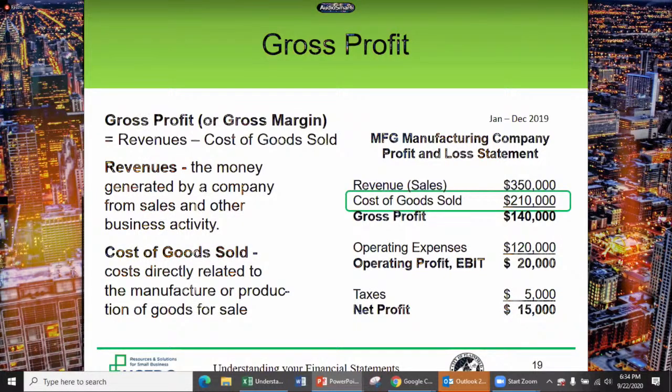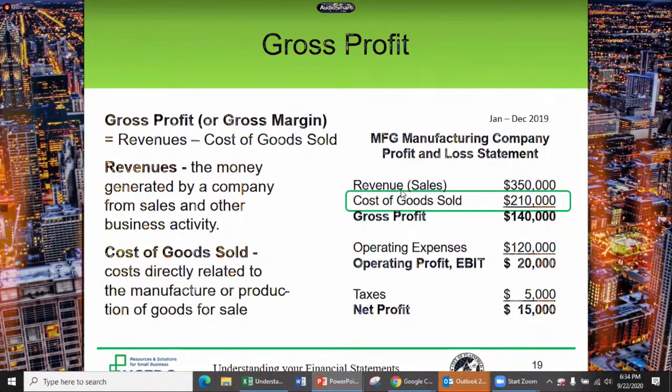All other things equal, that gives a service company an advantage over a product or manufacturing company, in that they don't have that cost. Essentially, their sales equals their gross profit. But here, gross profit is 140 on the original 350. So that's the first cut, kind of the top line profit.